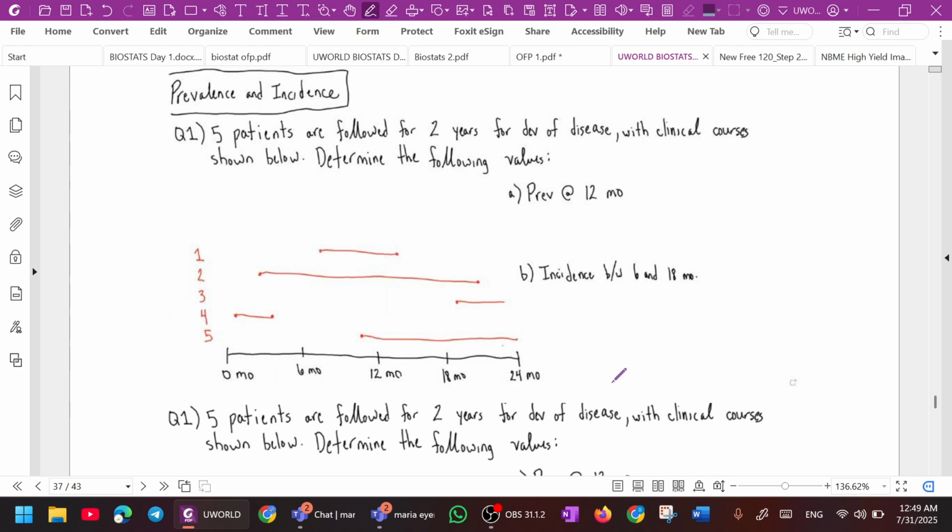Okay. So incidence is among patients at risk, so among patients that don't have the disease already. Patient two already has the disease before we start 6 months. So can he be at risk of developing the disease? No, because he already has the disease.